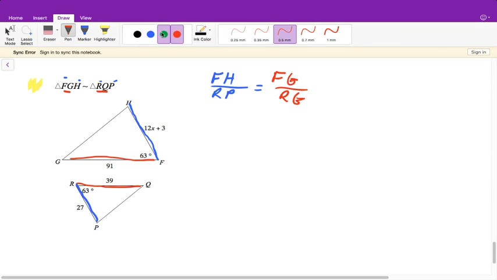Now we're going to substitute in what we know. So it is 12x plus 3 over top of RP, which is 27, is then equal to FG, which is 91, over top of RQ, which is 39. All right.